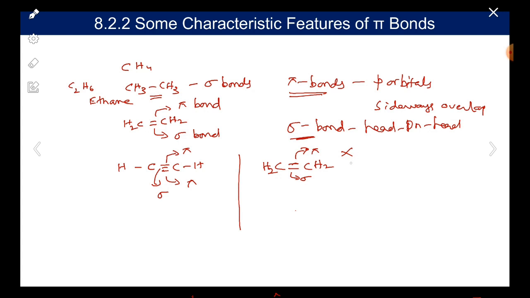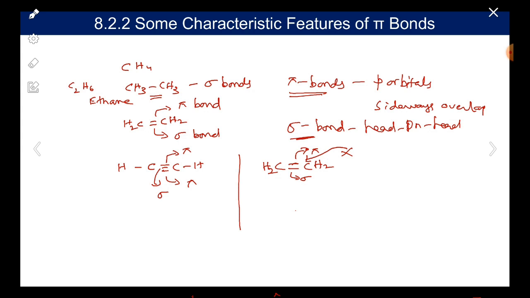When there is a molecule X, it will readily attack the pi bond, because pi bond orbitals always lie above the plane. Other bonds and atoms will lie on the plane.